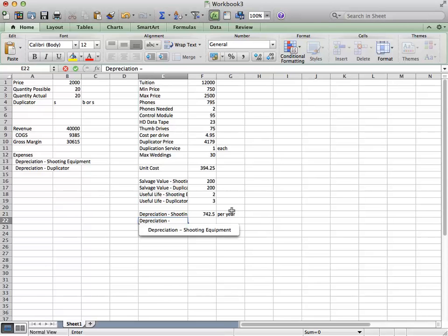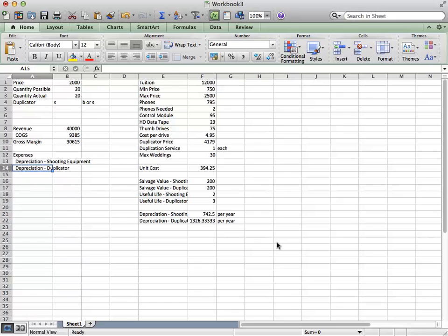Depreciation for the duplicator is equal to the duplicator price minus the salvage value of the duplicator divided by the useful life of the duplicator. And again, that's per year.